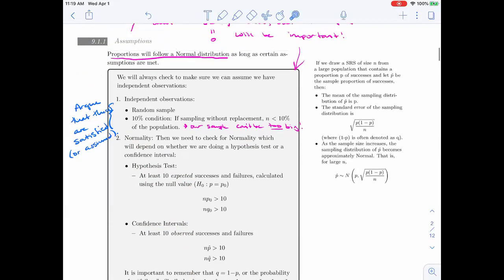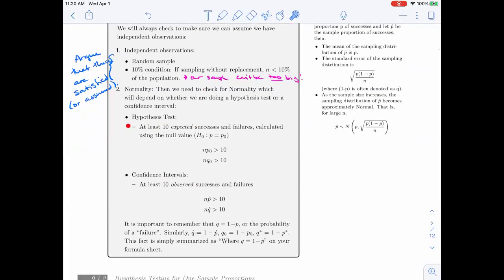So how these questions are going to go is you figure out what type of question you have. If it's a proportions question, then you have to check the assumptions. You read the rest of the question, figure out if you're doing a hypothesis test or a confidence interval, and then depending on which one, you only have to check one of those. Or if you're doing both, then you should just check them both right away.